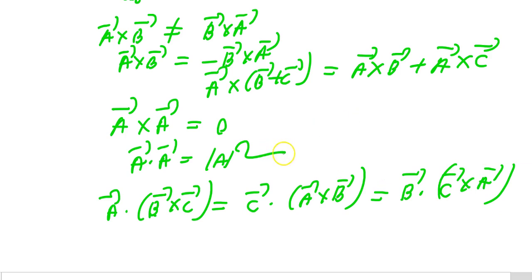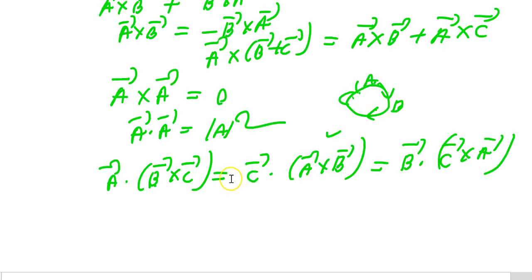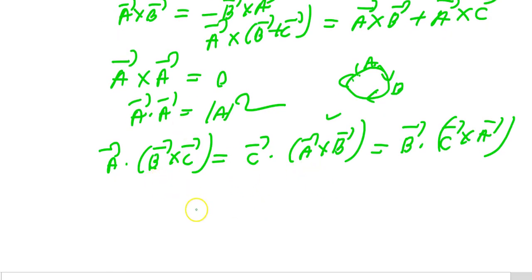I am following a pattern. I write vector A, B, C. I am following this pattern: A dot B cross C, B dot C cross A, or C dot A cross B. And what is that value? The value is simple in the determinant format.